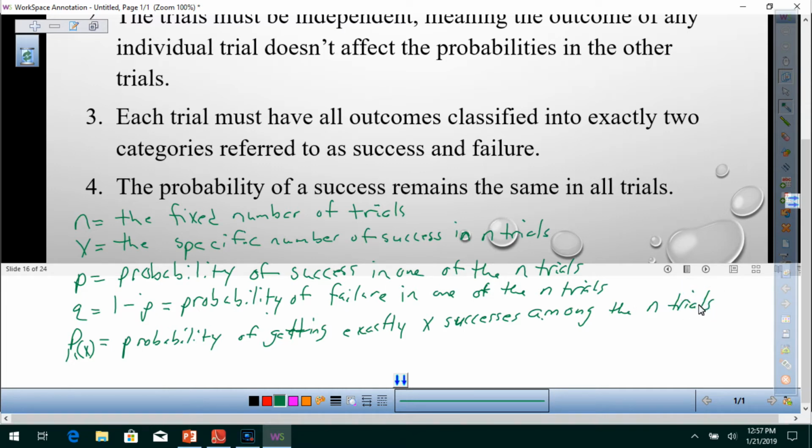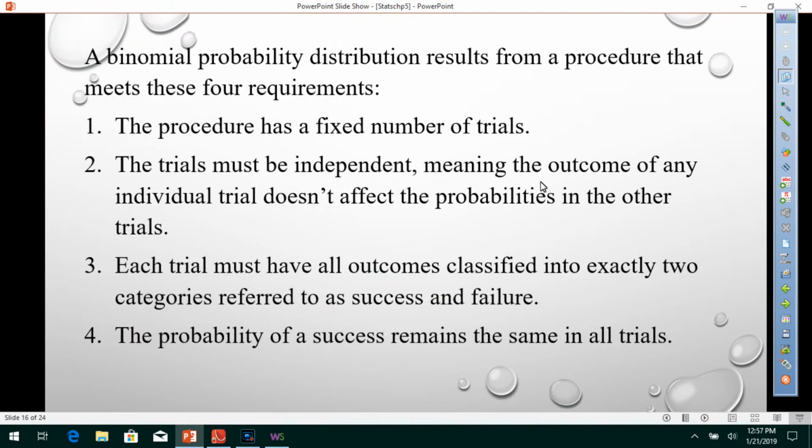All right, that's the notation you need to be concerned with.